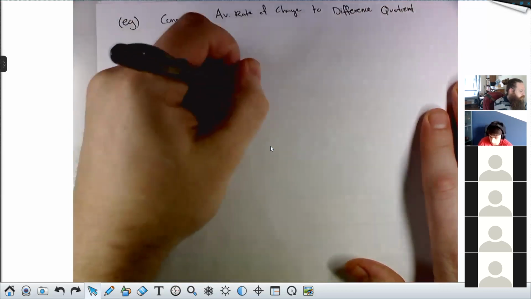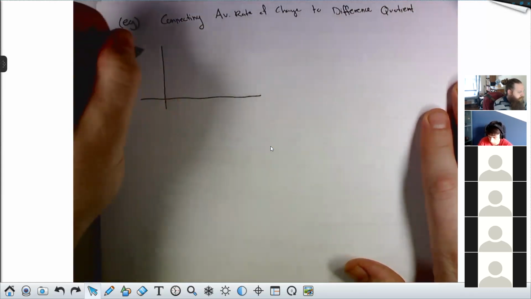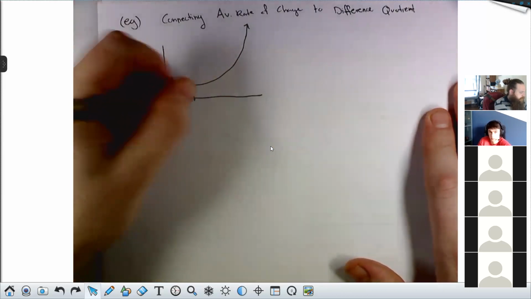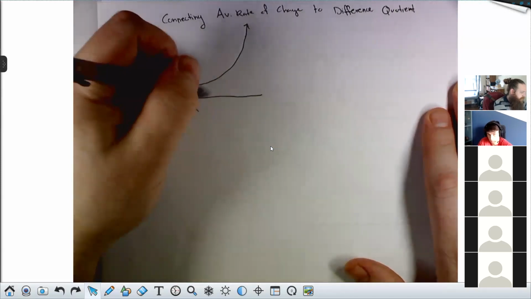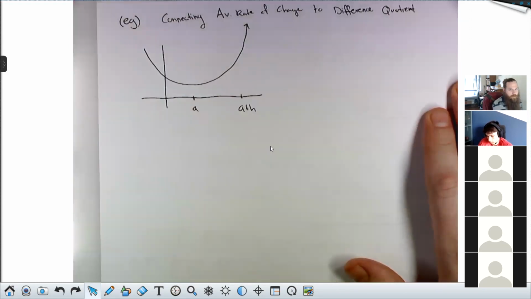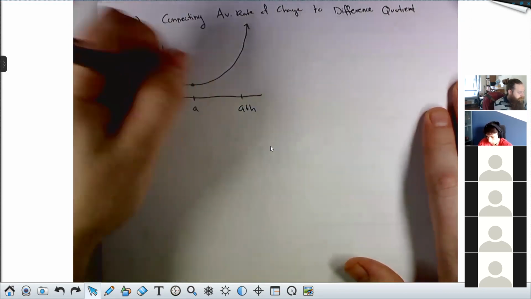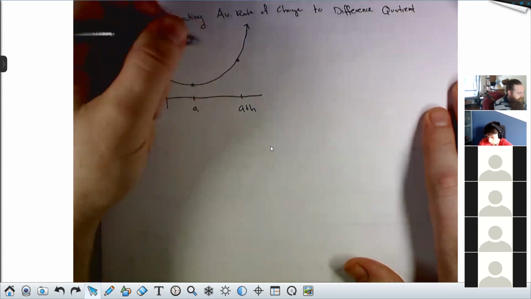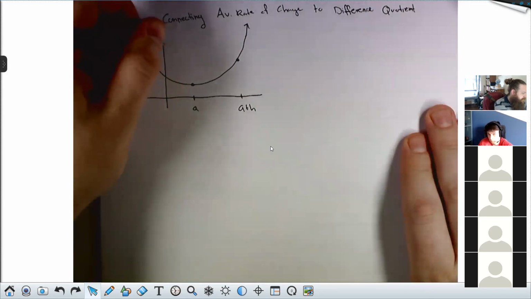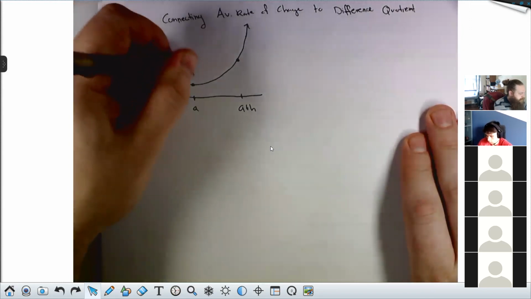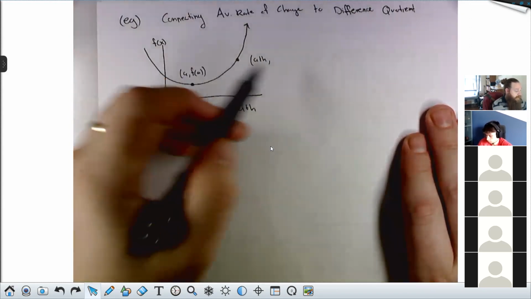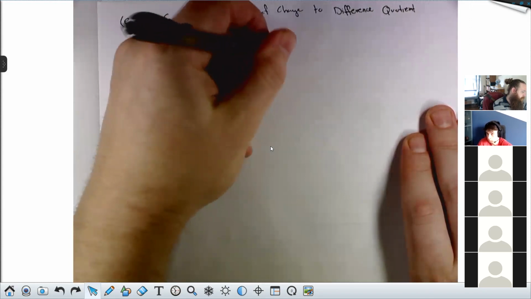Instead of talking about the average rate of change from x equals a to x equals b, I could take a fixed point a and consider a point to the right of it over here and call that a plus h. The point on the graph here, again, I'll call this f of x. This is a comma f of a, and this point here is a plus h comma f of that thing, which is f of a plus h.